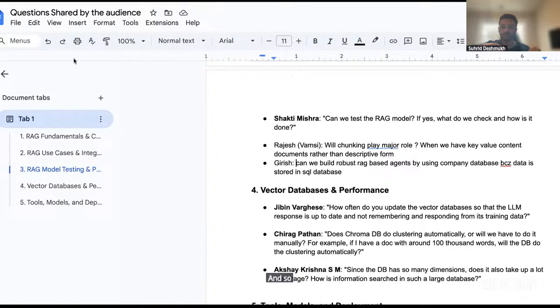And so there's a happy medium that you have to play around with on which chunk size is suitable for your particular task.